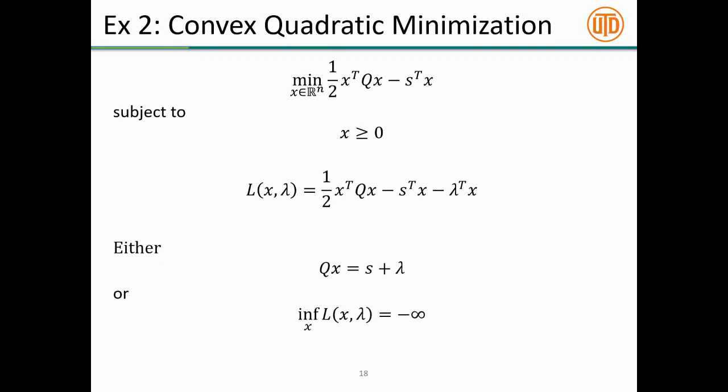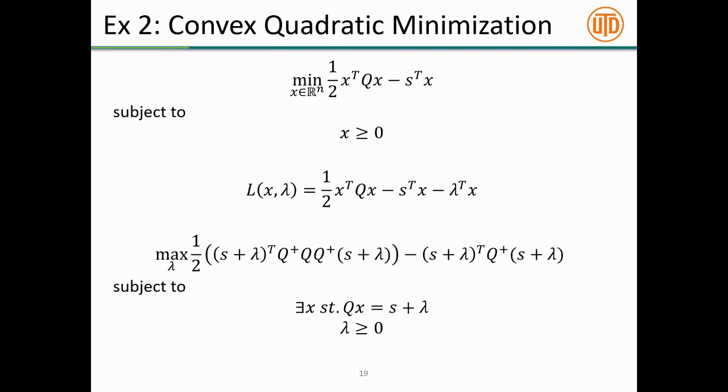Because in the dual problem, we're always maximizing. So if there's no solution to that linear system, then the dual problem takes the value negative infinity. We can treat that as a constraint, because the maximum can never be attained at negative infinity unless the actual solution is negative infinity. If anything satisfies these constraints, then we would be done automatically.